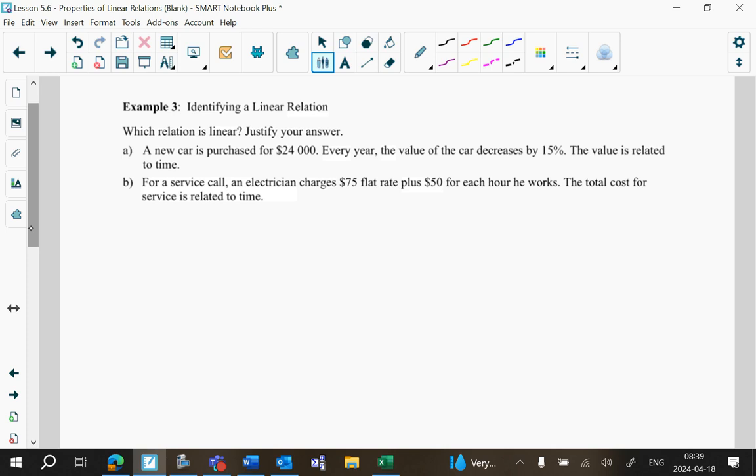Let's look at a few problems. So this is going back to your knowledge in middle school. Do you remember how to find the percent of numbers? So we purchased a new car for $24,000. Every year, the value of the car decreases by 15%.